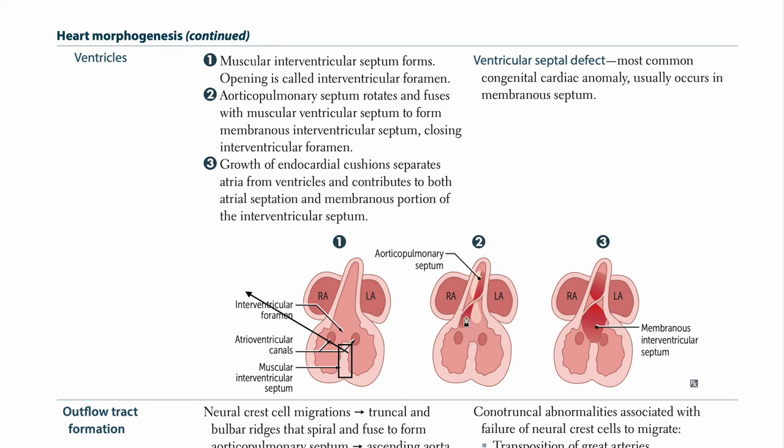So this is going to attach to this, right? So that's how it's going to be attached to the muscular interventricular septum, closing the interventricular foramen. Since this is the foramen, if you imagine this is attached to this from here to here, all of this is going to be covered up with the septum. So there's no foramen now.